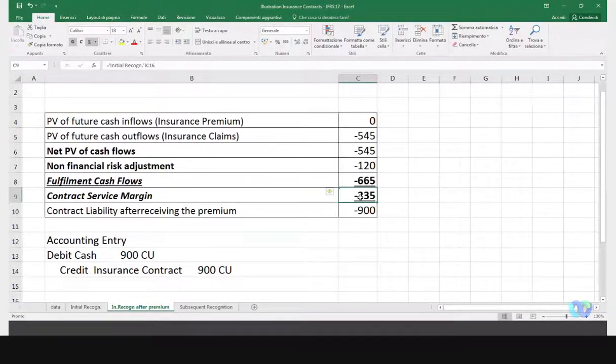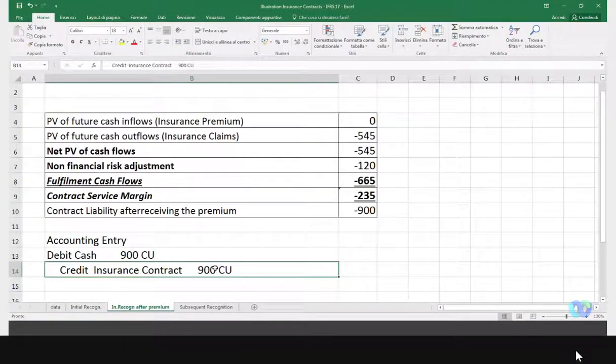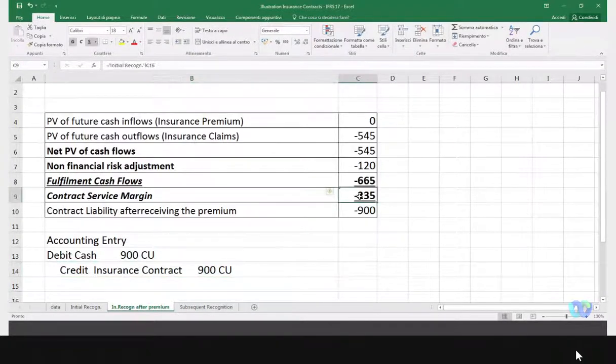That is, we have made all these calculations with this specific purpose, in order to be able to disclose in the notes of the financial statements that the contract liability of 900 cash units is divided into two parts. One is the overall expenditure that I'm expected to incur for this contract, 665, and the other is the net profit that I'm expecting to receive from this insurance contract over the 3 years, 235.